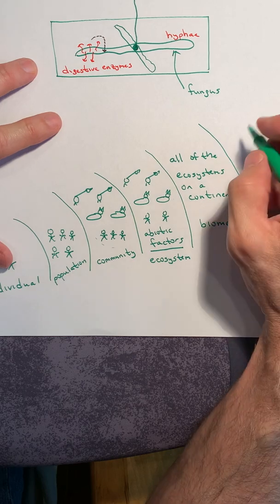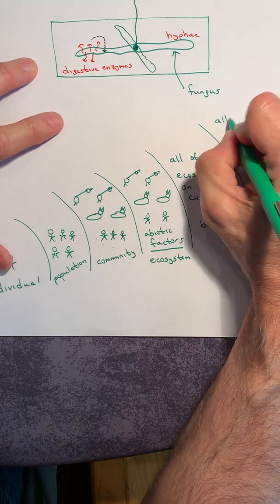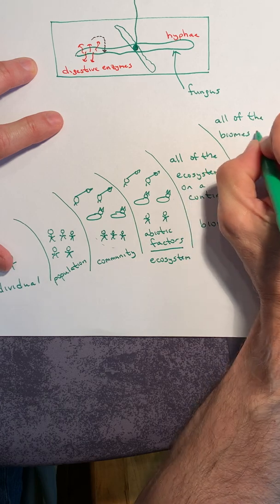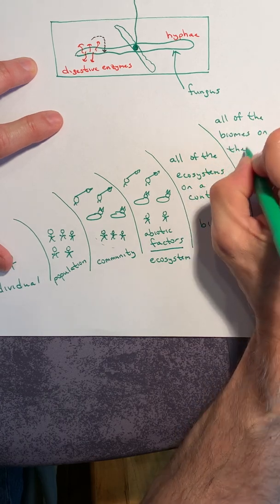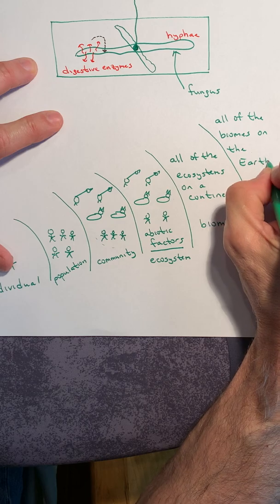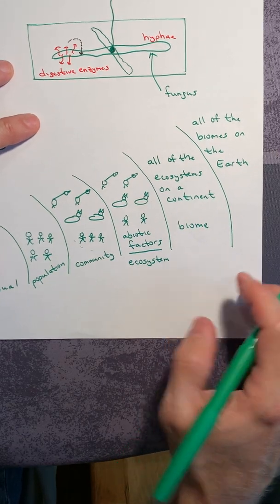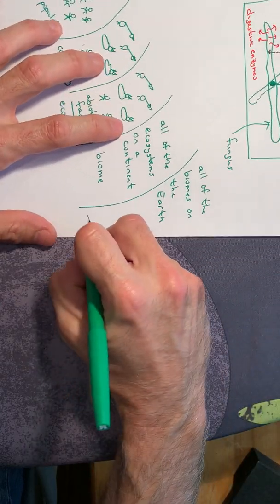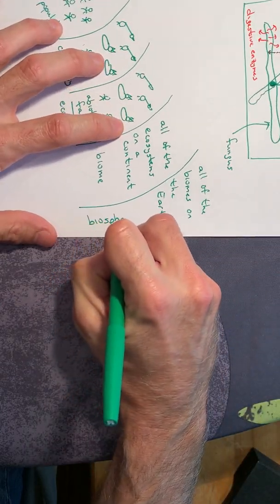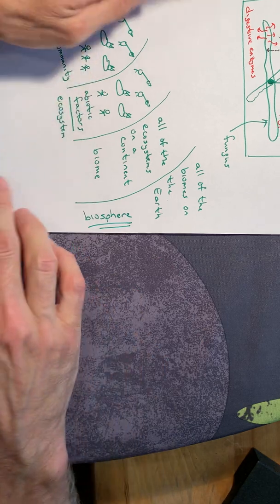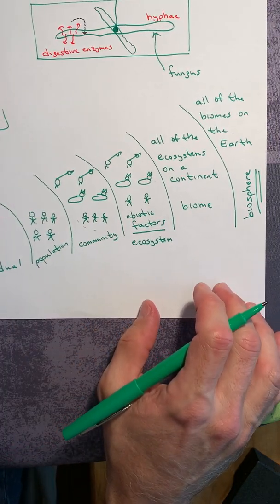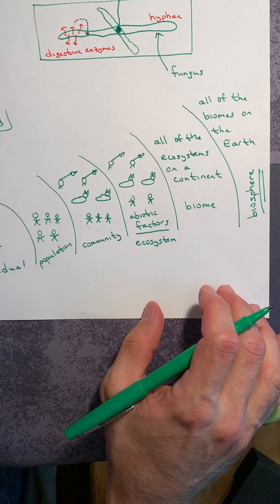Take all of the continents and all of the biomes on the Earth, and newsflash, we live on a ball. Okay, so all of the biomes on the Earth are then called the biosphere. Sorry, flat earthers, it's not the bio brick, it's not the bio donut, it's not the bio box, it's the biosphere.